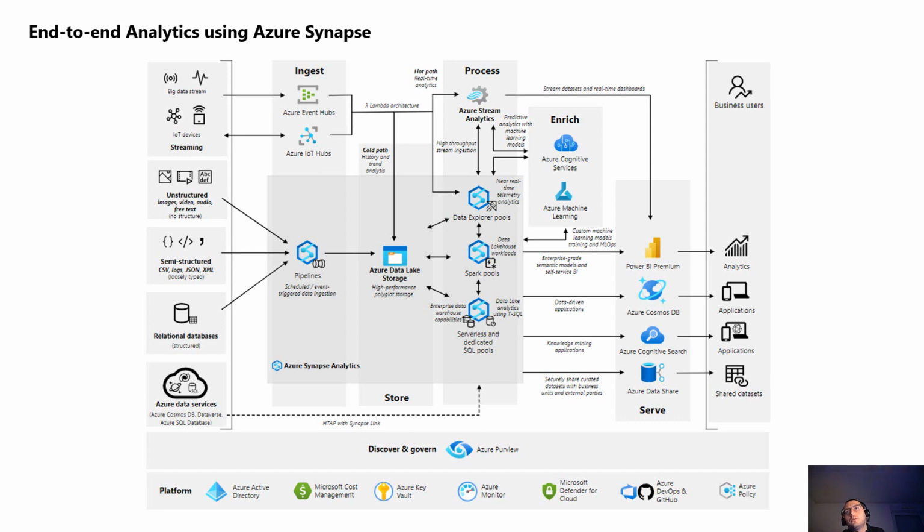Use a Data Explorer pool to more easily ingest the IoT events directly from the Event Hub or IoT Hub. With the Data Explorer pool, you can use custom KQL to perform time series analytics and also geospatial clustering. And then finally, the last thing is how to serve the data that is processed and exposed.